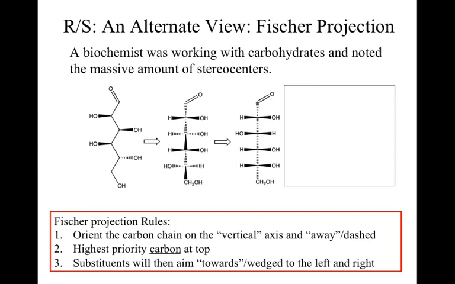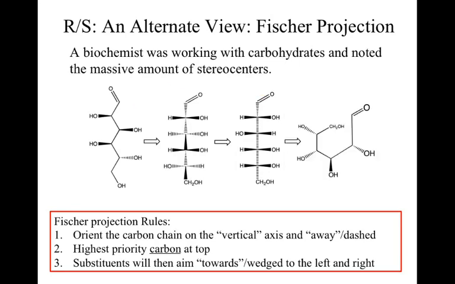If you build a model kit of, number one, the structure on the left, and then look at it for the middle one, and then for this last one, what you'll notice is that when you take the structure and flip it back this direction to make it look like our line angle, so don't do any bond rotations, just take what you've now done with your bond rotations to make it look like this, and now just turn it sideways, you'll end up with a spiral of a structure.